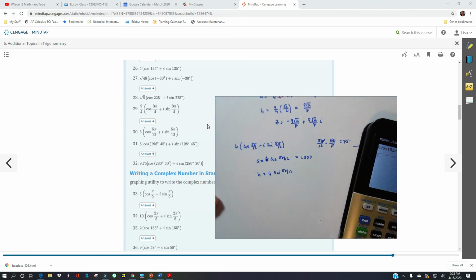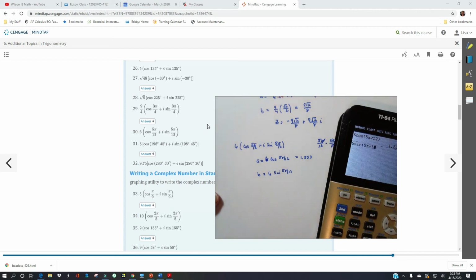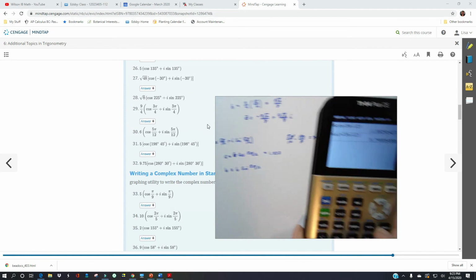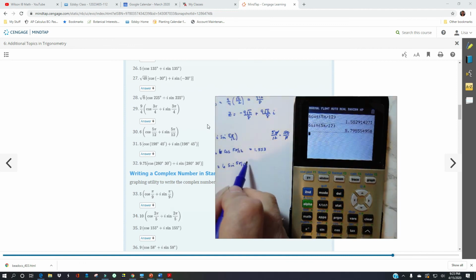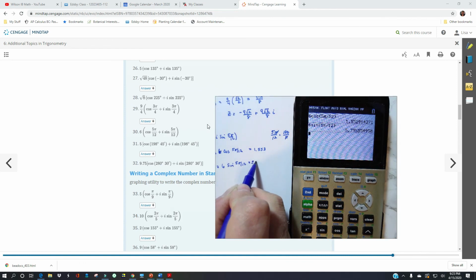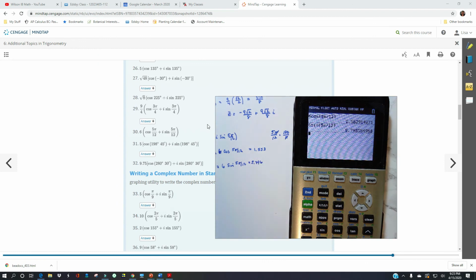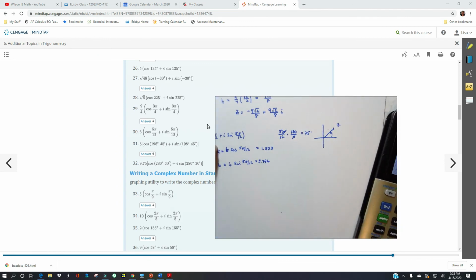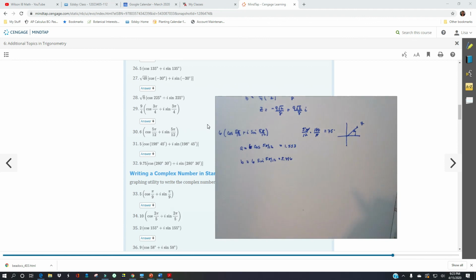And then if I do the same with the sine, 6 sine of 5 pi divided by 12, I'm going to have 5.796. I've got an A, I've got a B, I know my standard form, so Z is equal to 1.553 plus 5.796 times I.